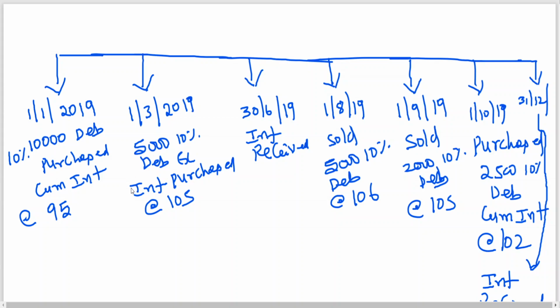So what I am trying to explain is that whenever we have a problem, we need to have the information whether it is cum interest purchase or ex interest purchase. That is point number one. The second point, we need to know the accounting year which the investing enterprise is following.